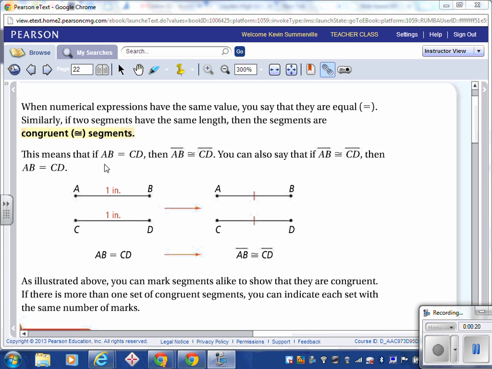If segment AB equals CD, then you could say the segment AB is congruent to CD. And you would write it like this: segment AB congruent to CD. So congruent is the same thing as saying AB equals CD. One side equals the other side.